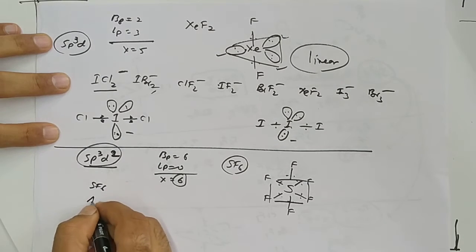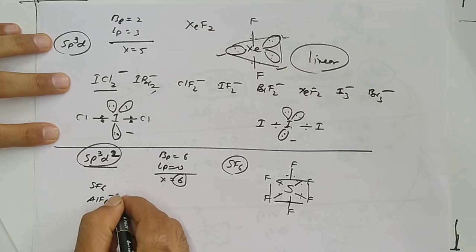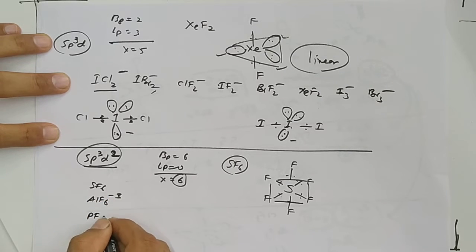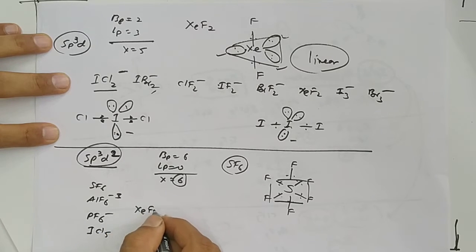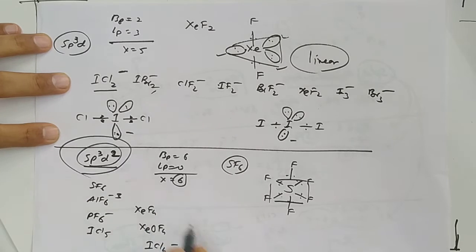SF6, AlF6 3 minus, PF6 minus, ICl5, XeF4, XeOF4, all are examples having sp3d2 hybridization.